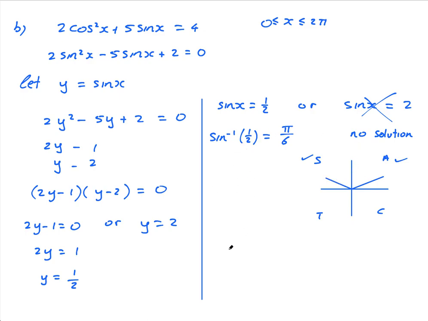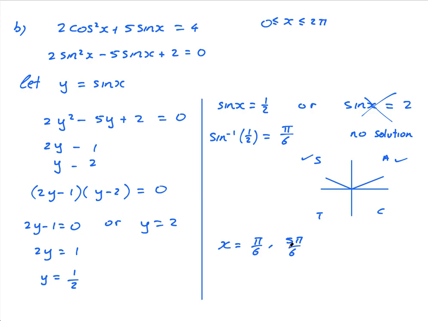So x is equal to pi over 6, 5 pi over 6, and that's it. If this range was bigger, I might have to do more solutions, but it's just between 0 and 2 pi. There are no negative solutions. That is your answer.